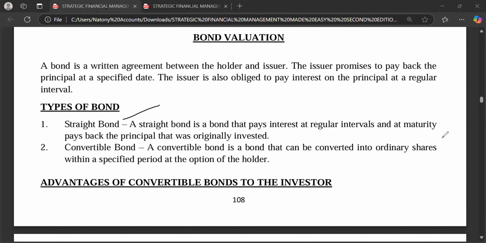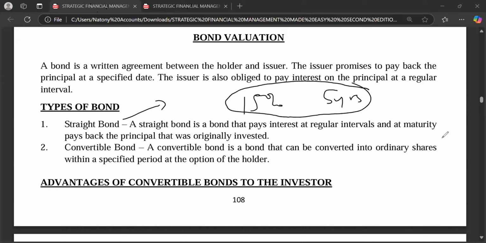If it is a 5-year redeemable bond, for instance, at 5% or 10%, let's say 15% bond, and the duration is 5 years, then at the end of 5 years, the company will repay the bondholders the amounts borrowed. So the bondholders are like they are lending the company money.